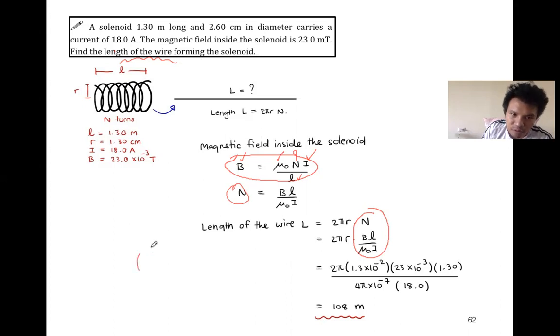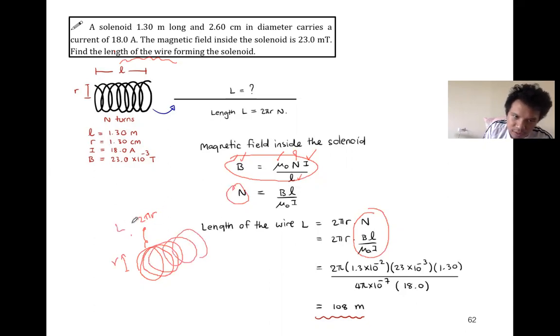For a solenoid, one turn with radius r needs a wire of length 2 pi r. Then you do another turn, another 2 pi r, and another turn, another 2 pi r, until you do n turns.